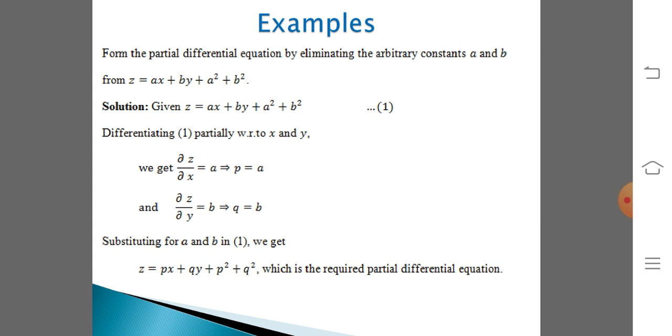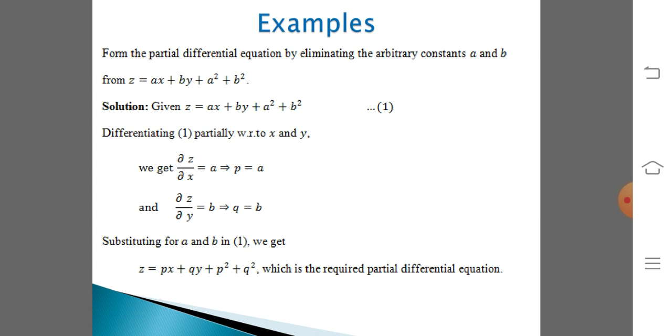Substitute these values p equal to a and q equal to b in the given equation. We get z equal to px plus qy plus p square plus q square, which is the required partial differential equation. It is clearly seen that this partial differential equation does not contain any constants a and b.